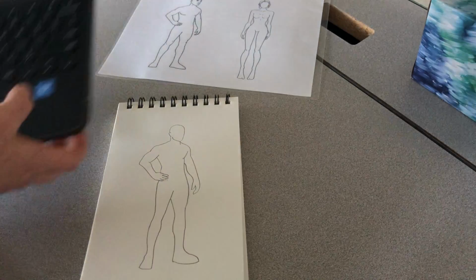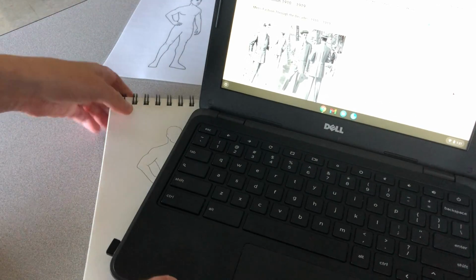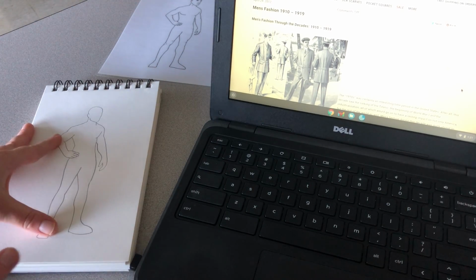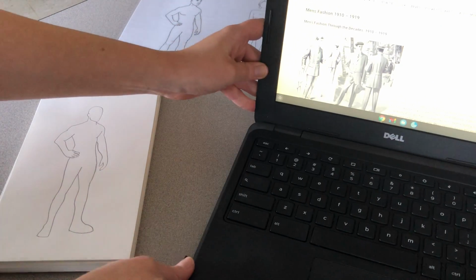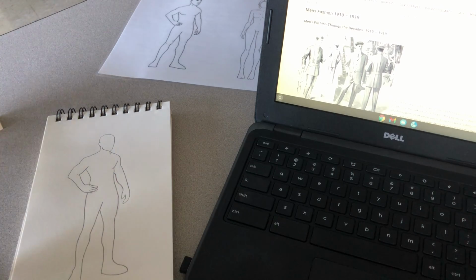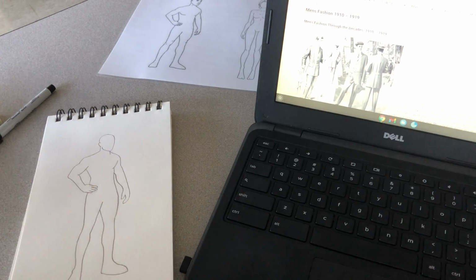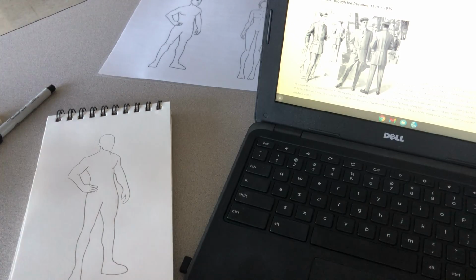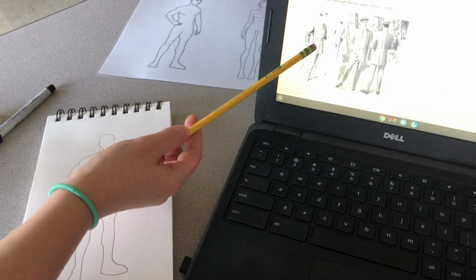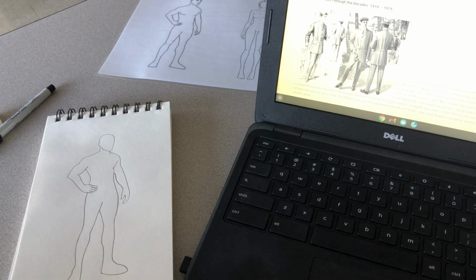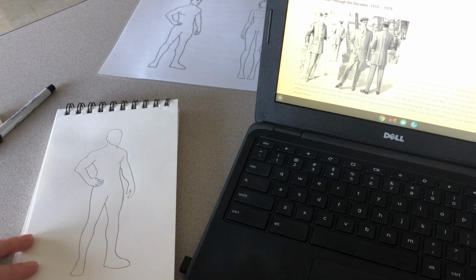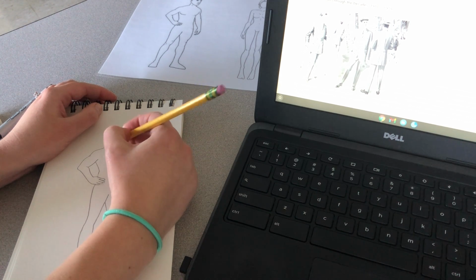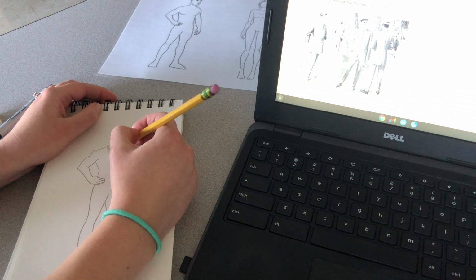Okay, all right, so again, I have looked up my reference image, and I'm going to draw. I'll angle this so you can see. I'm going to be taking a look at probably this guy right here. I'm going to start out by drawing the lapel first.